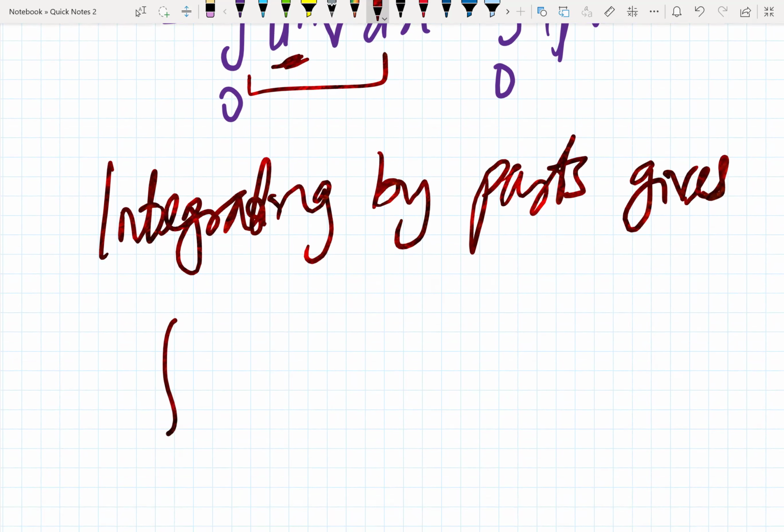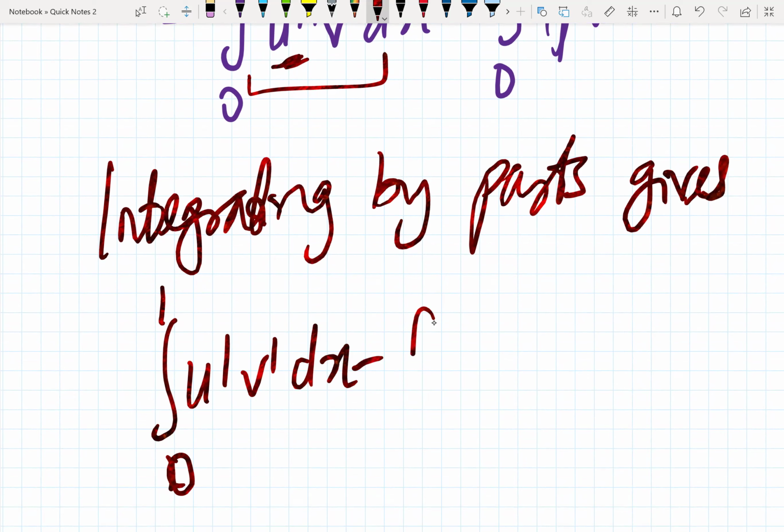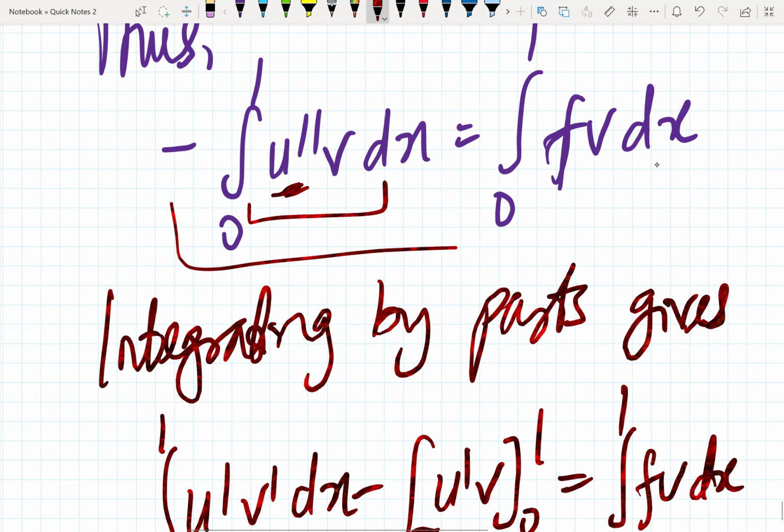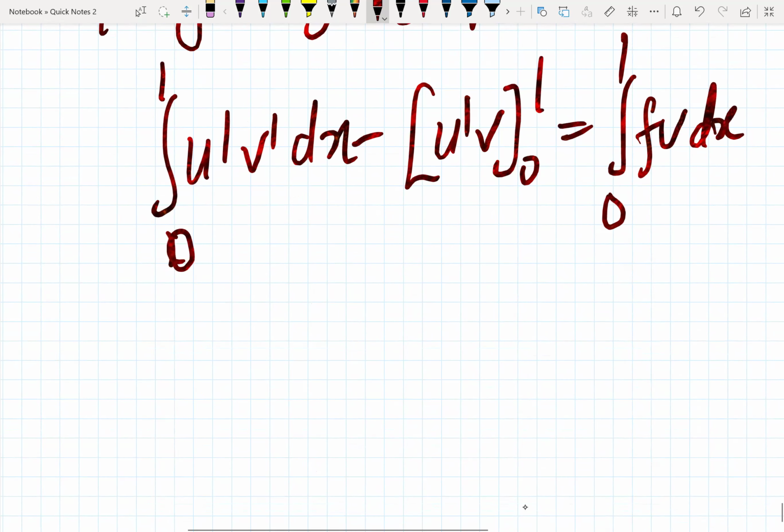So we have integral from 0 to 1 u prime v prime dx minus u prime v from 0 to 1 equals integral from 0 to 1 of f v dx. Just exactly what we did the other time.